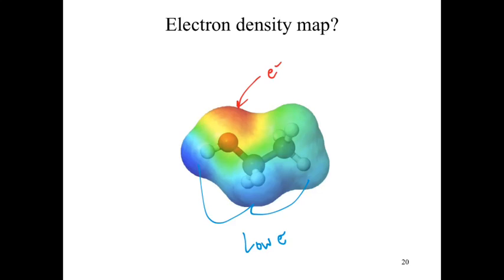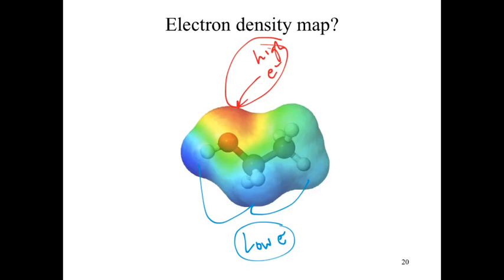Number one, it tells us where our electrons are, which means we now have an idea of where it would react. In this molecule, we would probably think that high area of electron density is going to contribute to reactivity. It'll want to react with something with low electron density. Conversely, we could look at the low electron density site as a possibility for electrons coming in and interacting with it. So finding the balance of where the electrons exist within the molecule through an electron density map is really important.